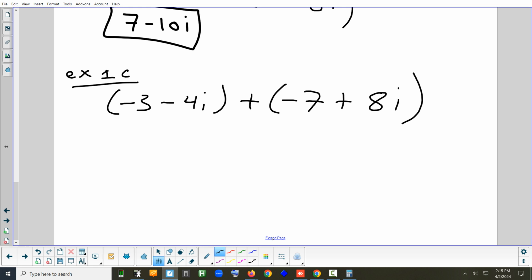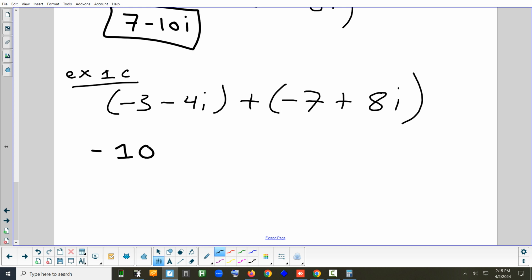Negative 3 minus 4i plus negative 7 plus 8i. What's going to be the real part when you put those together? Negative 10. Yep. So negative 3 plus negative 7. Make sure when you write these, because you're using i a lot, make sure you don't accidentally confuse your i with a 1.